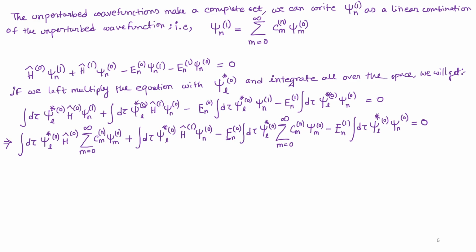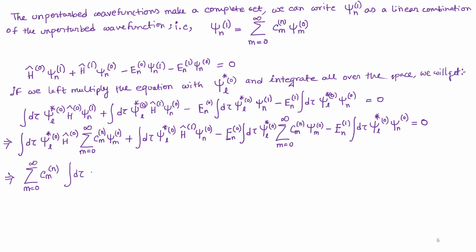So now only for m equals L. Okay, see, here is the summation. So I'll write another line, then I guess it will be clearer. Let me take the summation out of this thing: the sum over m equals 0 to infinity. Cm is outside the integral.